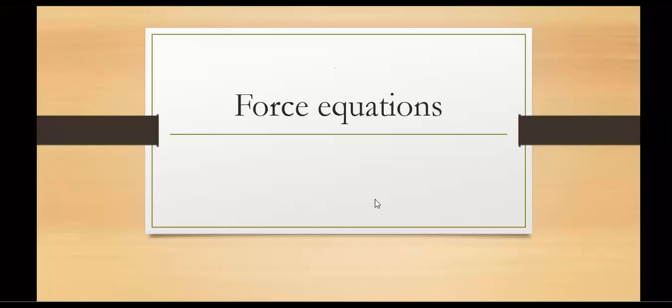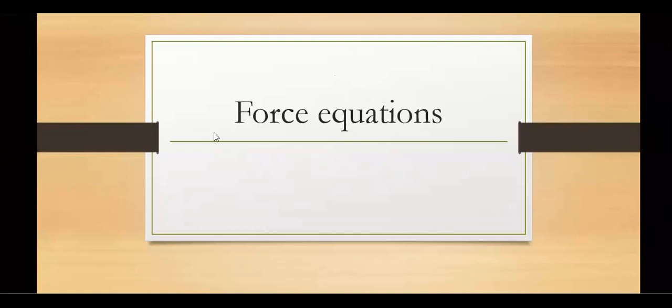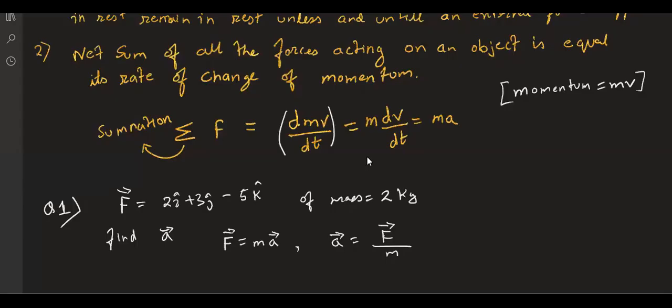So all of you got this? It would be divided by 2, not multiplied by 2, because I'm asking you to find acceleration, which is force by mass, not force into mass.